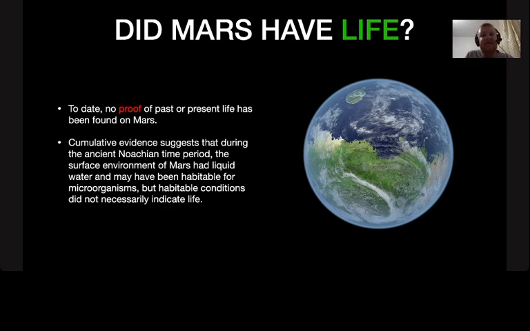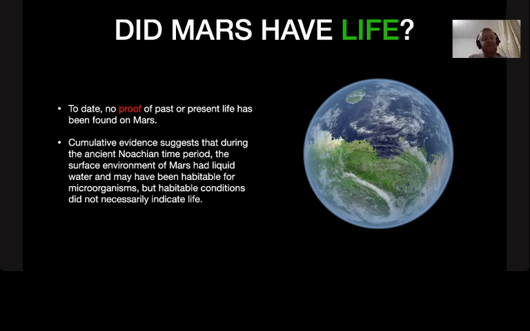So nothing has been found yet. Cumulative evidence suggests that during the ancient Noachian time period, the surface environments of Mars had liquid water and may have been habitable for microorganisms, but habitable conditions did not necessarily indicate life.